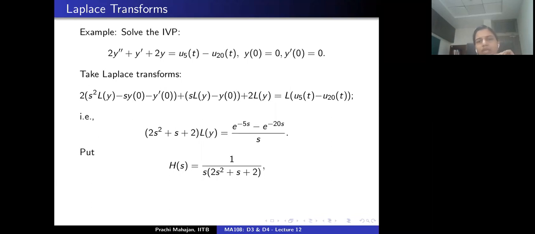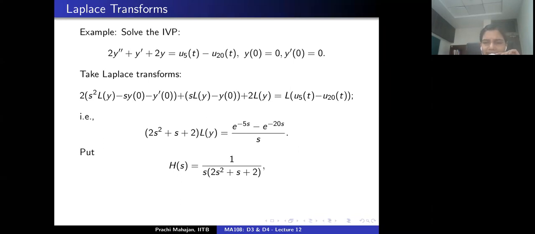In order to find the inverse Laplace transform of this function, I will introduce a notation. I will write capital H as 1 upon this polynomial, the reciprocal of s times 2s squared plus s plus 2.